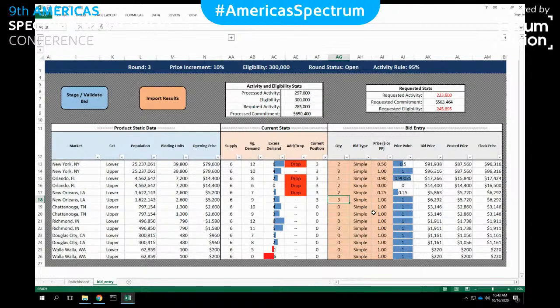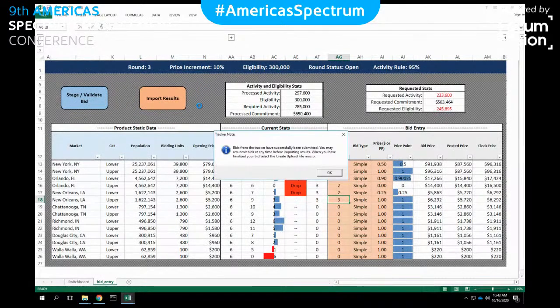That's not a guarantee. Even though I am submitting a bid where if the rest of the market does not change position, demand could enter this market, okay? The clock price can still rise, or the posted price can still rise all the way to the clock price. So we can submit this bid and take a look at how the results differ from our simple expectations.